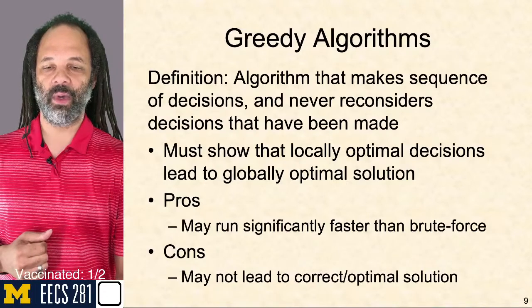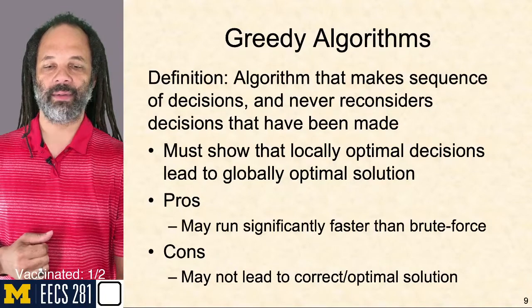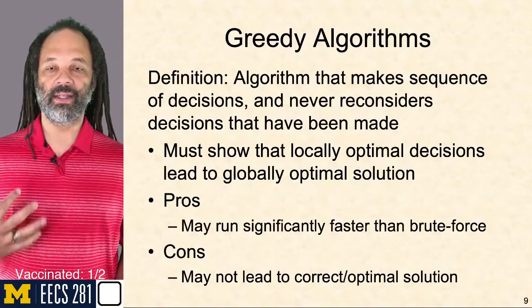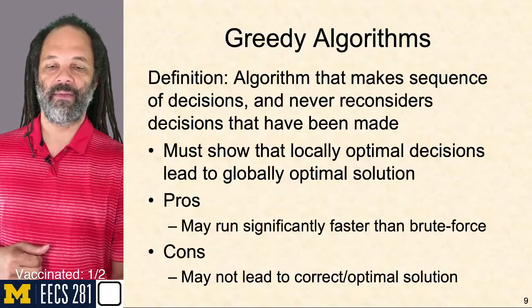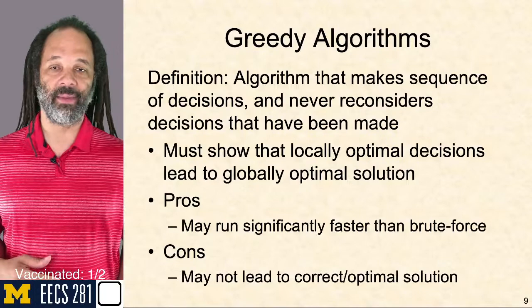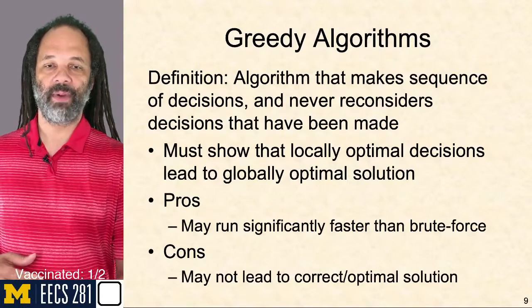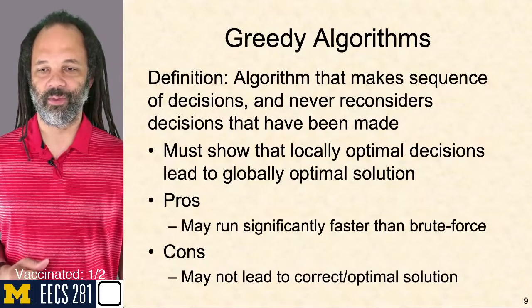So it makes what we call locally optimal decisions. The locally optimal decisions are the ones that say, this is the best I can have right now, that's what I'm going to take. So like, say there's cake on the table. A greedy person is going to take the biggest piece of cake. That's obvious. We've all been there.